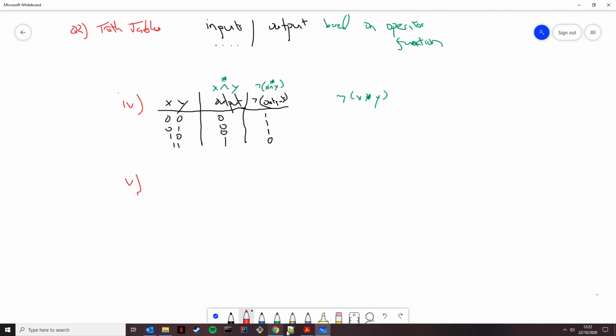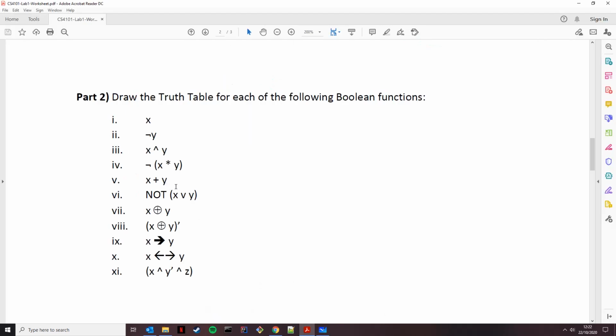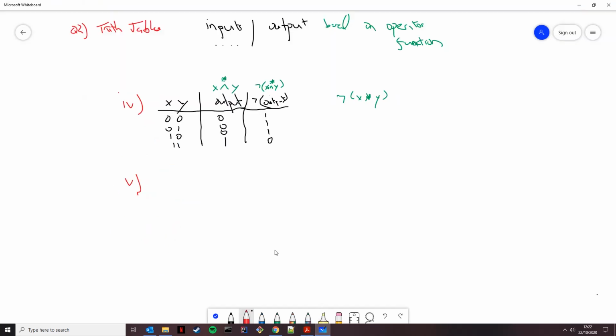Question 5 is X plus Y. Again, we have our two inputs. When you get the hang of this, it's just the same over and over. You just keep drawing these. 1, 0, 1, 1.